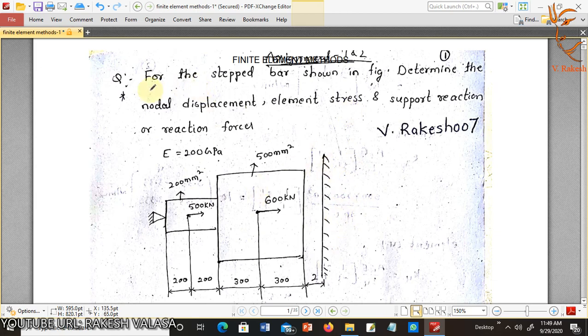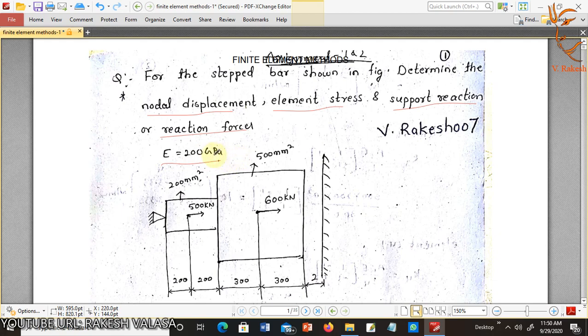Let us see the problem. For the stepped bar shown in figure, determine nodal displacements, element stresses, and support reactions or reaction forces. Young's modulus is 200 GPa. That means 200 into 10 power 9 Newton per meter square.